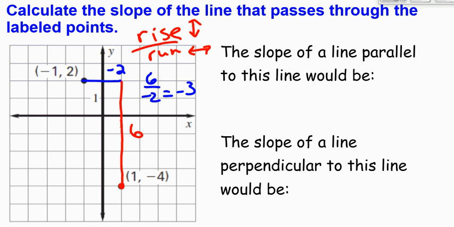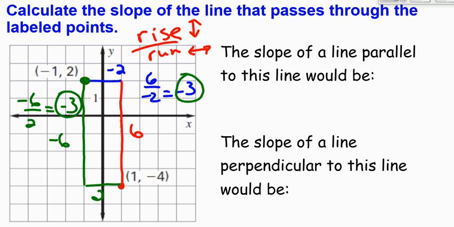All right, I want to point out that you could have gone the other way, so I could have started at this point, and I could have gone down 1, 2, 3, 4, 5, 6, which is a vertical change of -6, and a horizontal change of 2, so that would give me -6/+2, which is still a slope of -3. So no matter which way you go, you're still going to get a slope of -3.